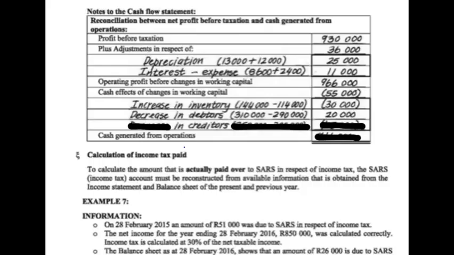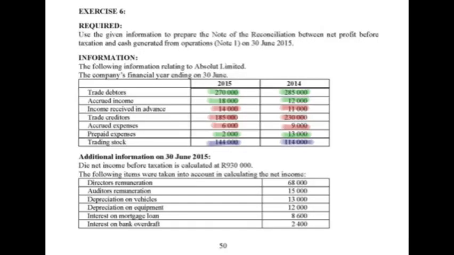Then my last one, I need to go and add up all my rates. If I add up my 2014 rates, I see that I get a value of 250,000. If I add up all of my 2015 rates, I see I get a value of 205,000.